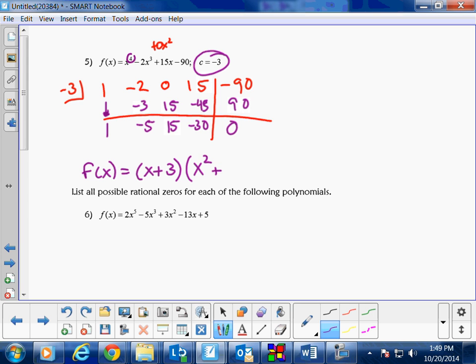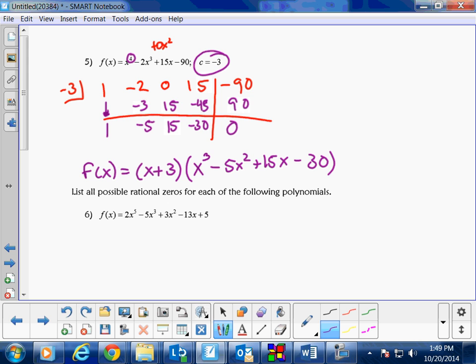The mistake I made is that you see how we start with the fourth? That means in this case, I need to start with not x squared, x cubed. So let's do that. x cubed, and change the other one to minus 5x squared plus 15x minus 30.